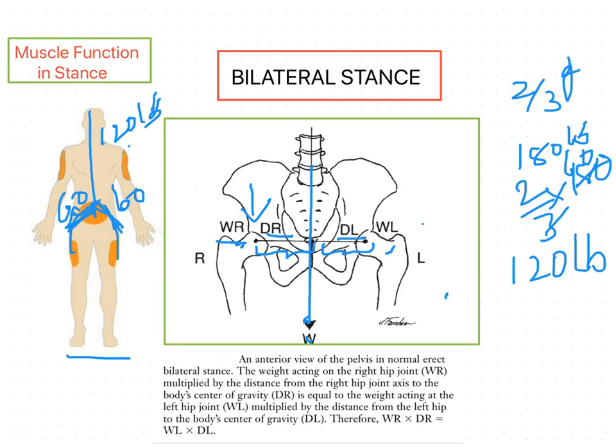That means the weight on the right side is equal to the weight on the left side. So we know the distances, and the compressive force which is acting on the hip joints.